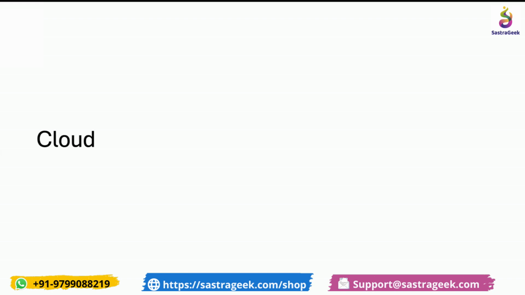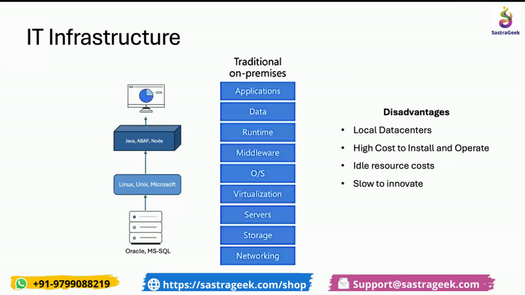Okay, so what is the traditional infrastructure that we have for the on-premise systems? For the ECC and S/4HANA on-premise, the company usually manages all the components of the system, from setting up the data center to all the hardware, the runtime environments, the middleware, the OS, and the applications.